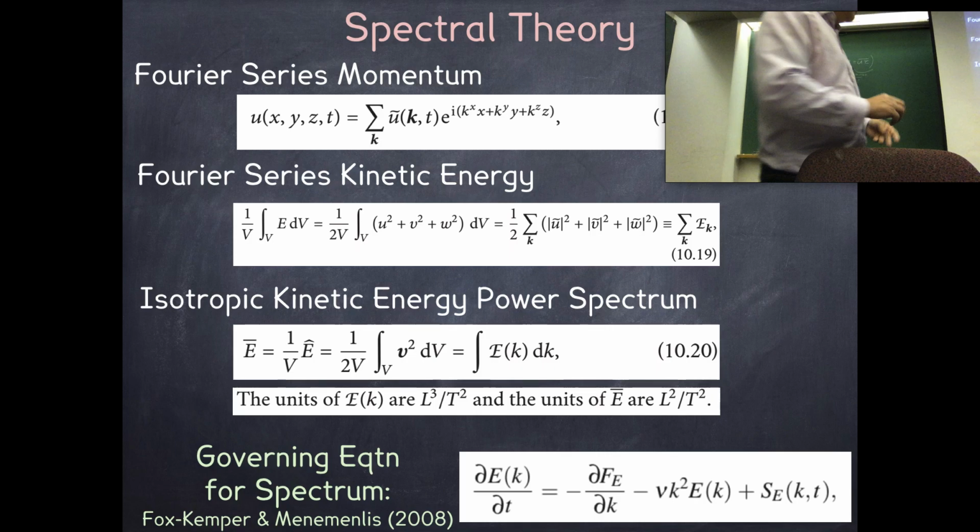And this is the great breakthrough of Kolmogorov in the 1930s, I guess. They were written in a series of two papers in '41, where he said, under a certain set of assumptions, we can estimate this thing without knowing much about turbulence at all, just through powerful dimensional analysis and a few constraints, which say that viscosity acts only on things that are very, very small, and you force things at a scale that is very, very big.